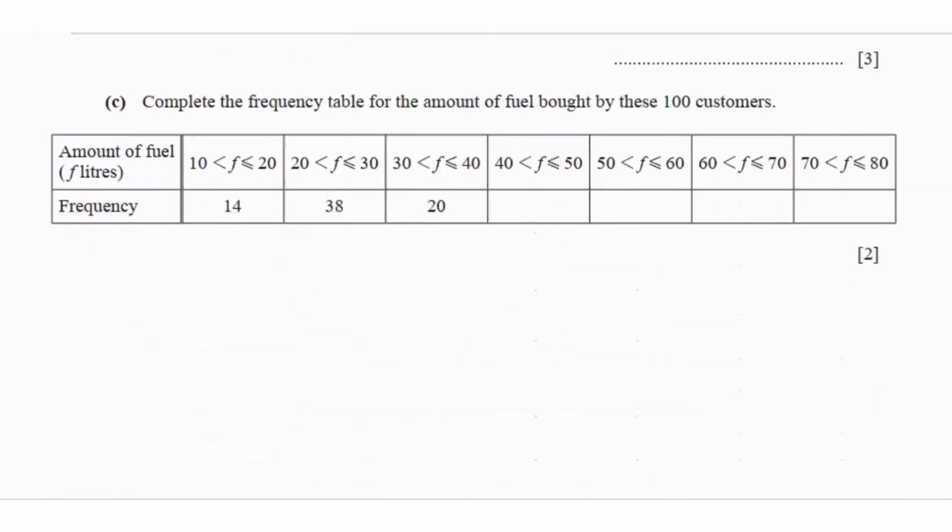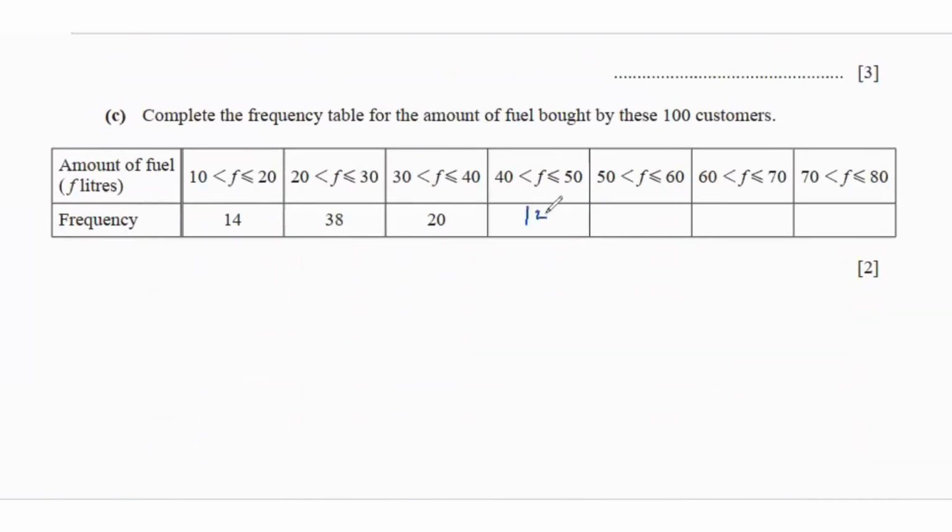So we go back over here, 14 over here. Since the cumulative frequency at 60 is 94, we will do 94 minus all of these frequencies. So that's going to be 94 minus 14 minus 20 minus 38 and minus 14 again. That is going to equal 8.